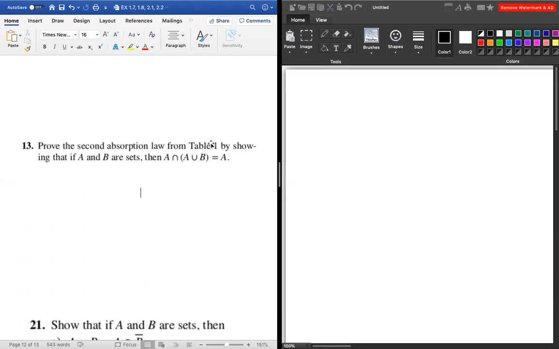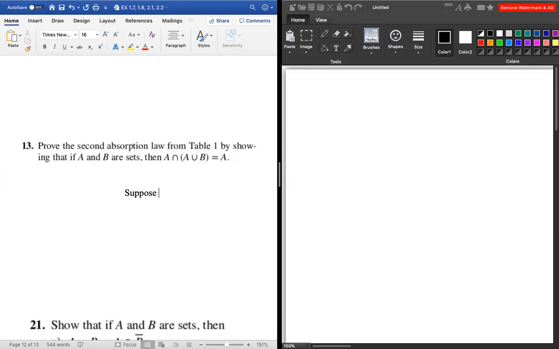So there will be a table in your book. I'm not sure how many of you have it, but I will post that table for you guys. Here we have to prove the absorption law by showing that if A and B are sets, then A intersection (A union B) equals A. So we have to use this to solve this.